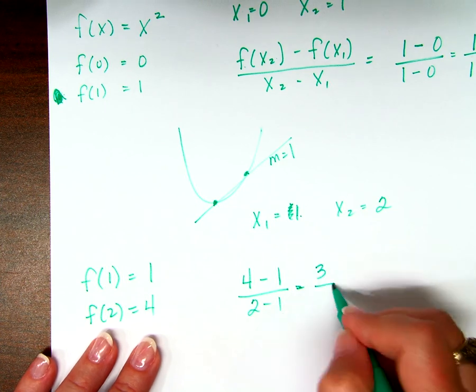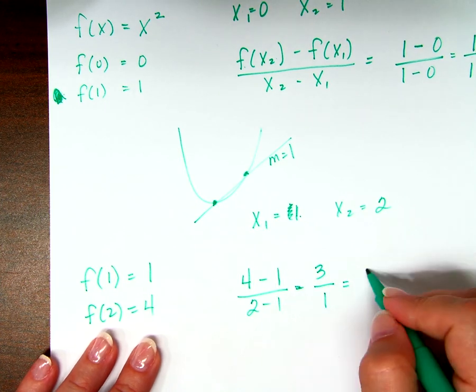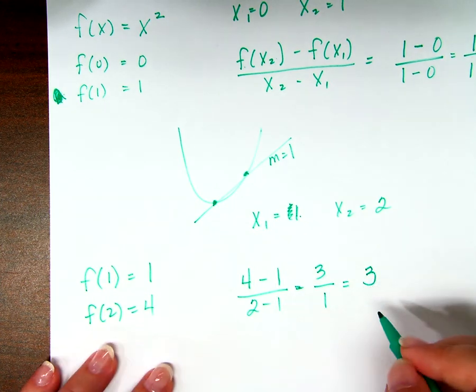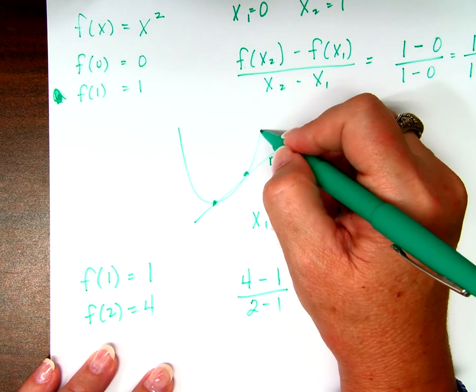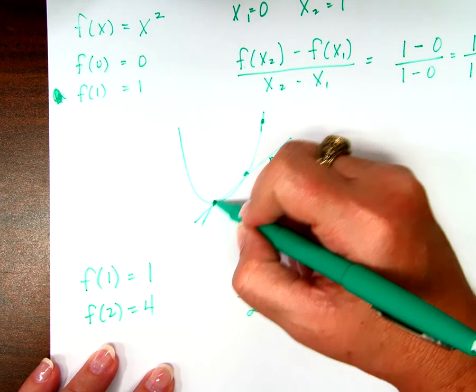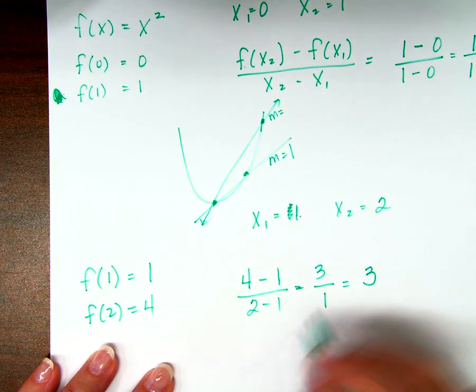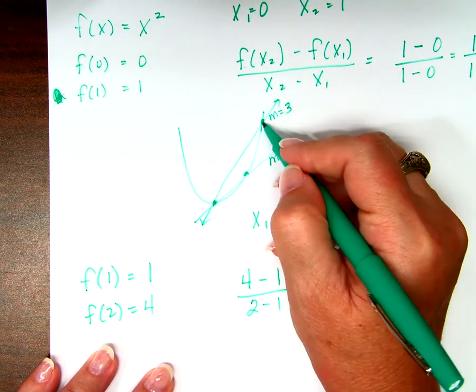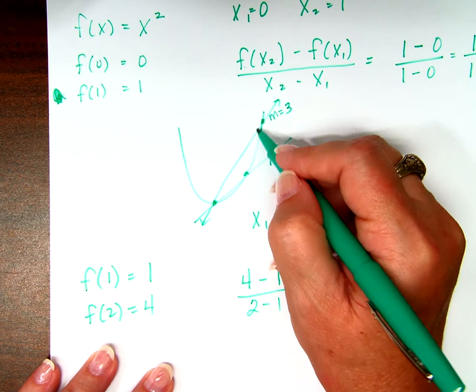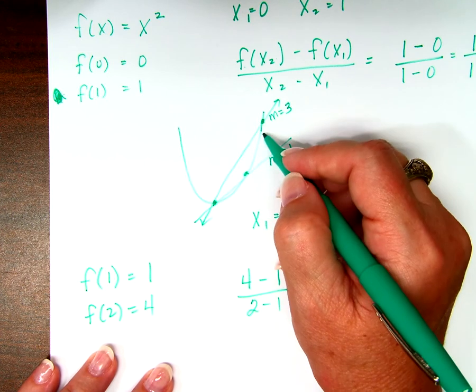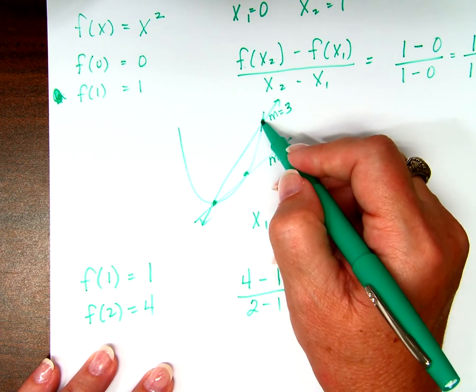What's 2 minus 1? So this simplifies to be what? 3. So this point would be up here somewhere, right? So if I drew a line in between those 2 points, we're saying that average rate of change is 3. I know I'm not talking about the slope of the curve because we don't have that.